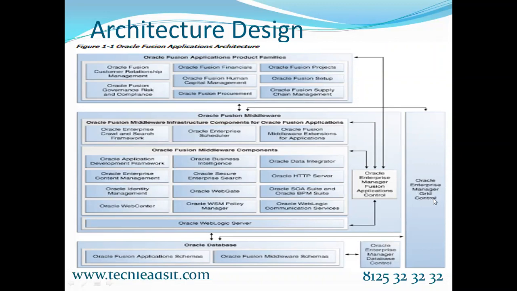This enterprise manager can take care of how these middleware components, these families or these databases are running in our application. Do we have any health checks? Everything is maintained by the grid control, and it will send alerts for specific resources. Yeah, this is the architecture design.